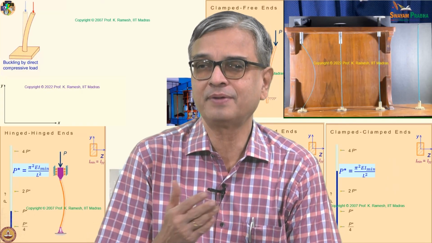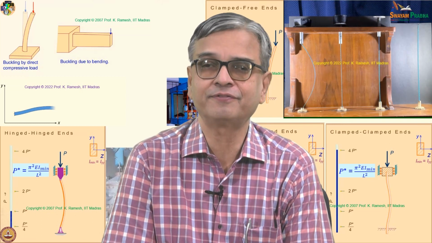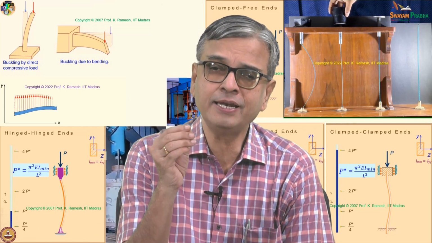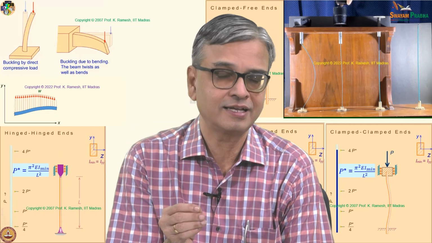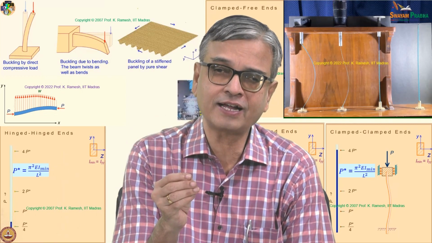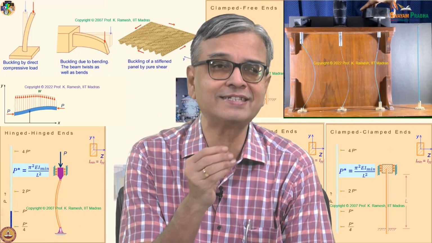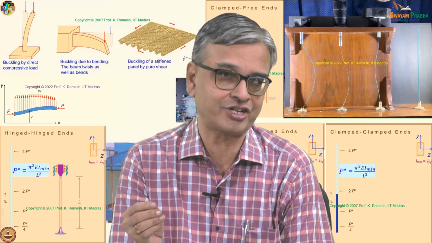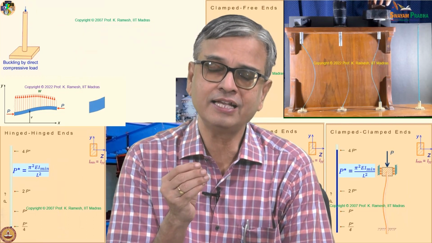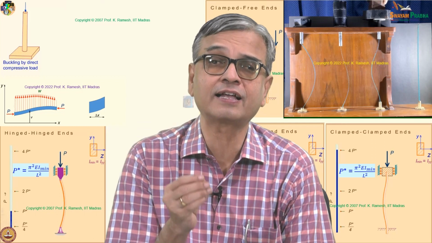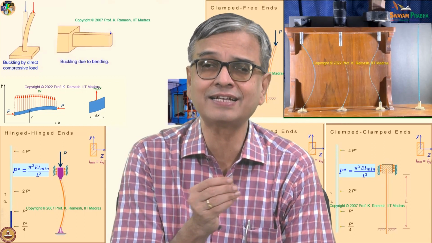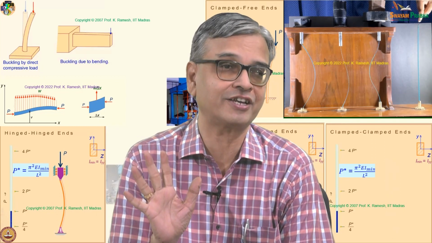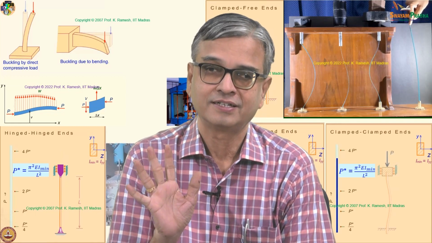See, I have an ultimate objective. We are going to take pinned column as the basis. From the length of that column, we will also visualize the length of other end conditions. See, buckling is one problem where the critical load drastically changes because of the end conditions. Fine.